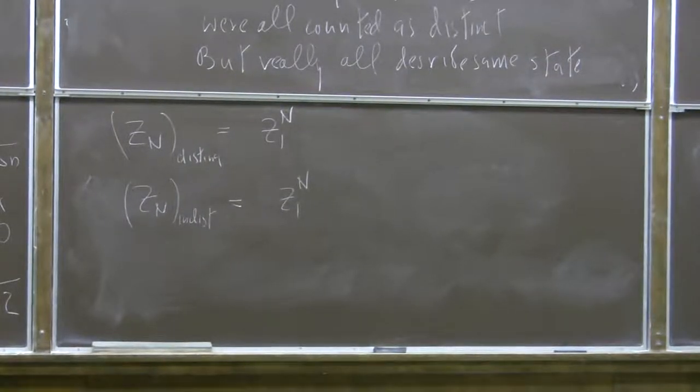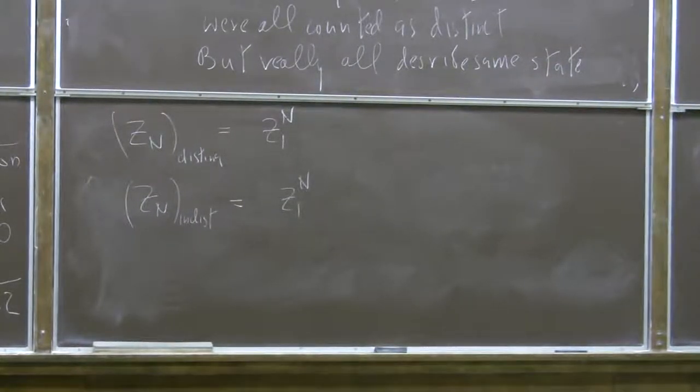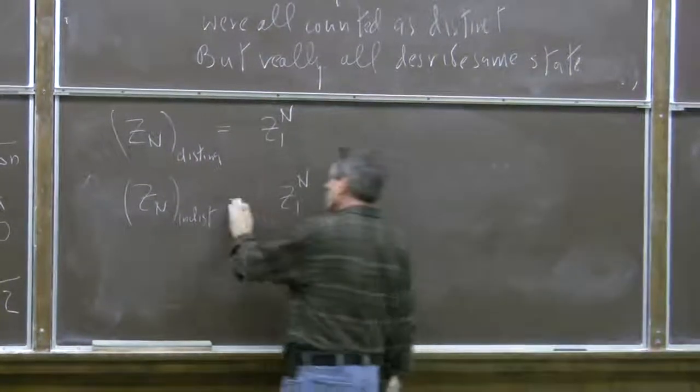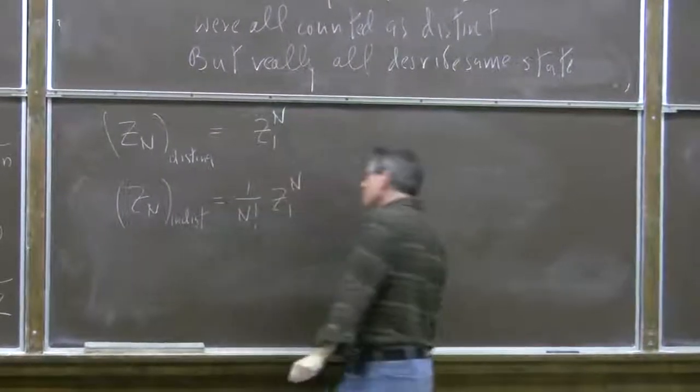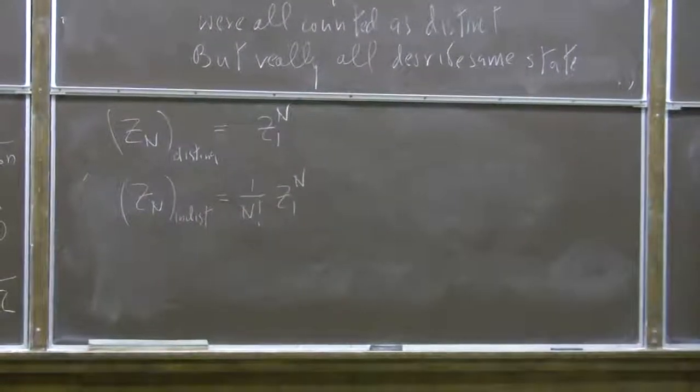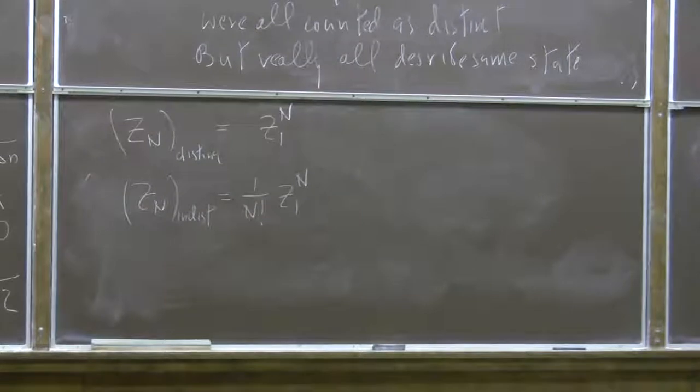Now I want to sum over all the states, taking into account that they're indistinguishable. There are n particles. So the right counting differs from the initial way we counted by a factor, which is what? 1 over n factorial. That compensates for our overcounting. We counted each state n factorial times. So that's the right answer if the particles are indistinguishable in the quantum regime.